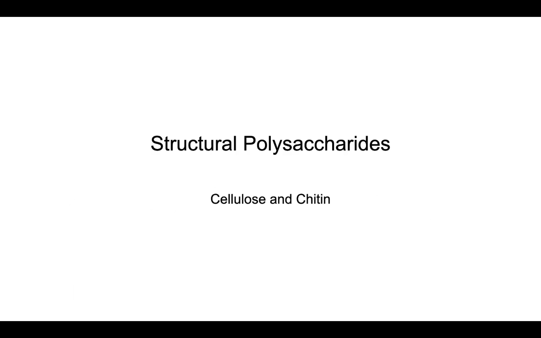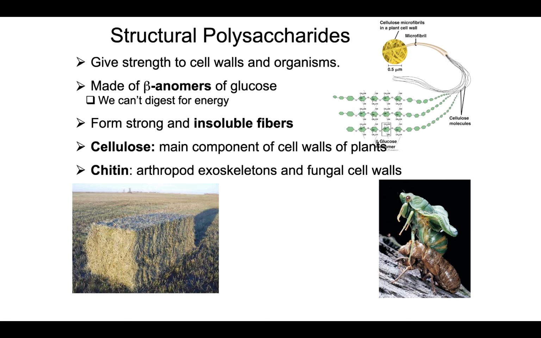Now, that is in contrast to structural polysaccharides. Structural polysaccharides still consist mainly of glucose monosaccharides connected over and over again. But the difference here, and this is key, is that they are the beta anomers of glucose.